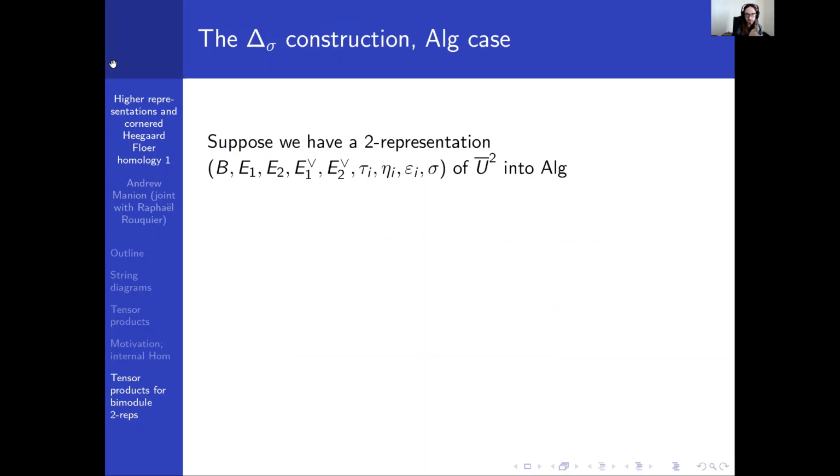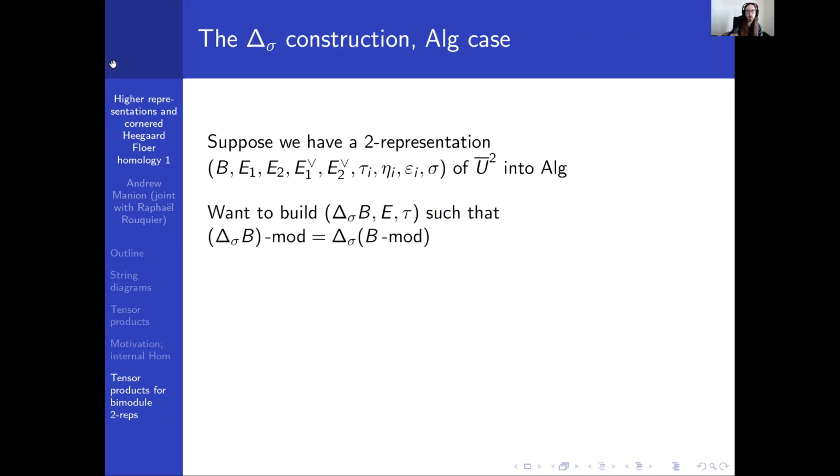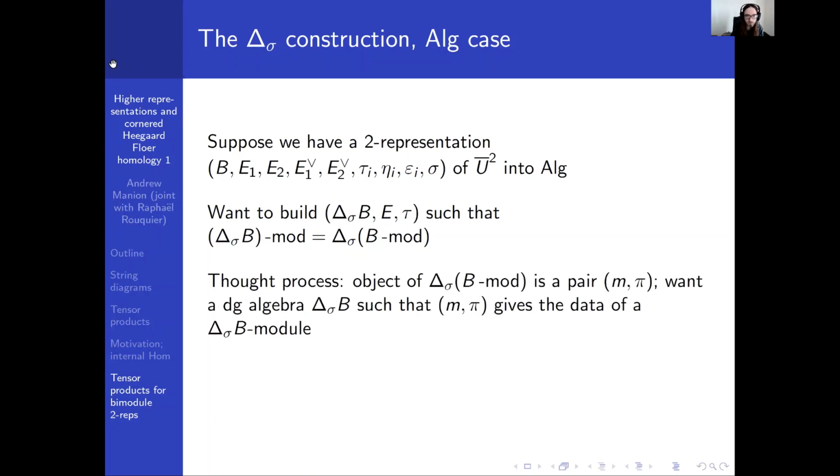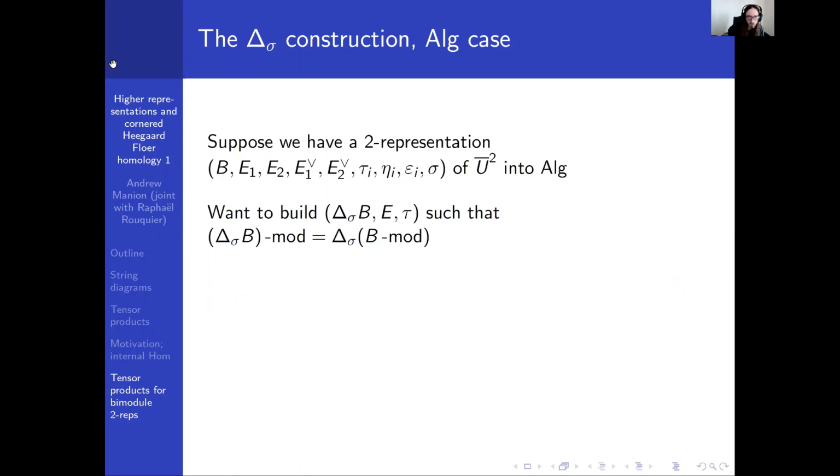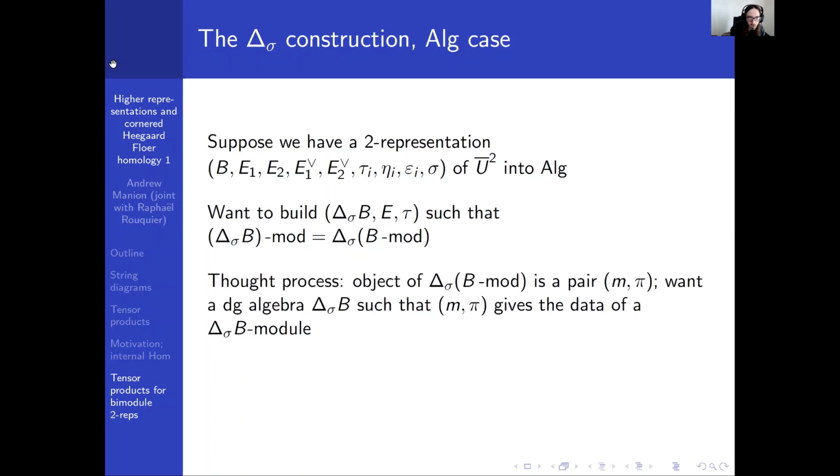But if we have all of this data, how am I going to define the delta sigma in the algebra situation? Let me just say the idea is this: I know one thing I can do.